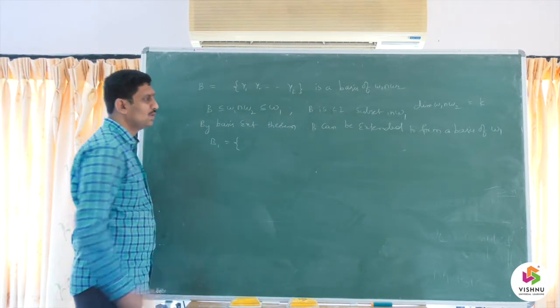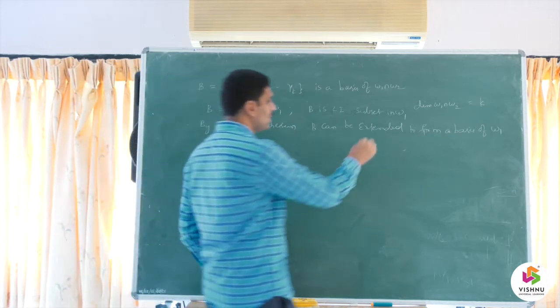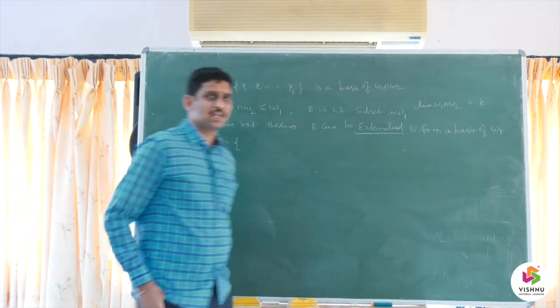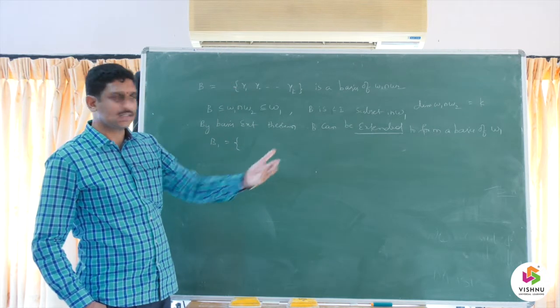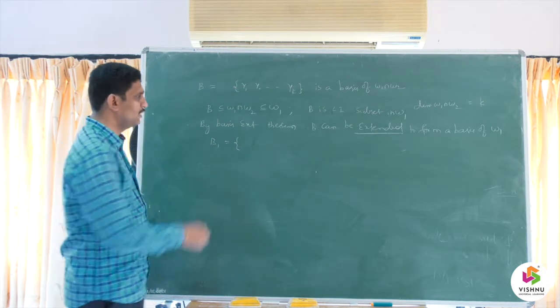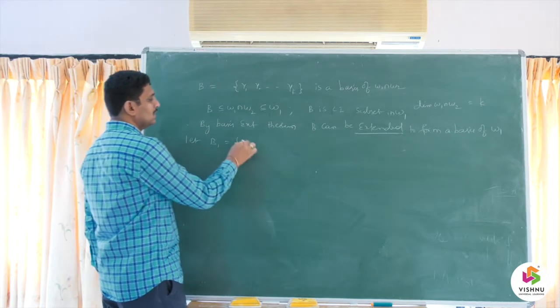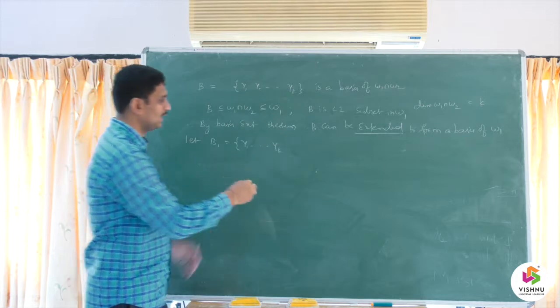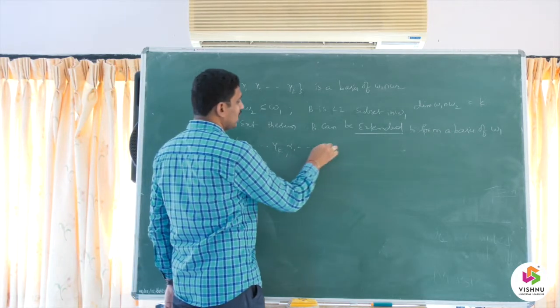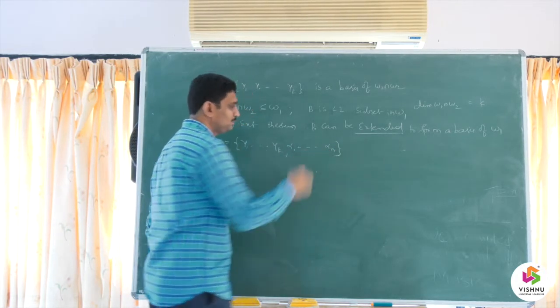Again I repeat, what is meant by extension? For the existing set, you are adding some more vectors. So I take the set B1 with the same vectors, and I add some more vectors: alpha 1, alpha 2, so on, alpha n.